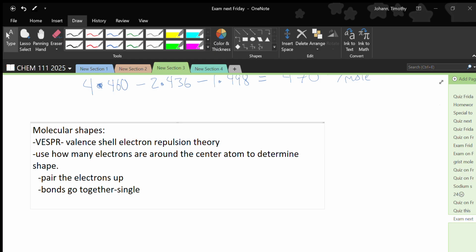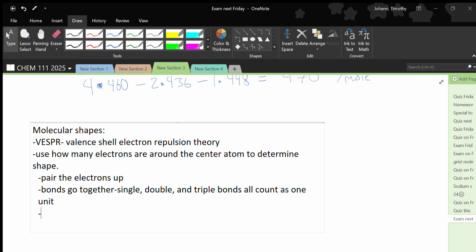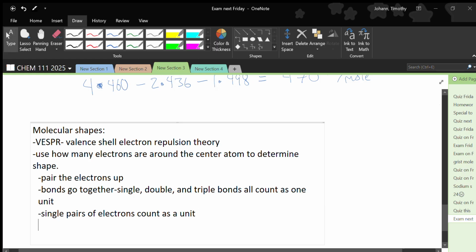Single, double, and triple bonds all count as 1 unit. Pairs of electrons count as a unit too. So if I have a bunch of pairs, I group them up: single pairs of electrons count as a unit. So we have bonds, and we have pairs of electrons.